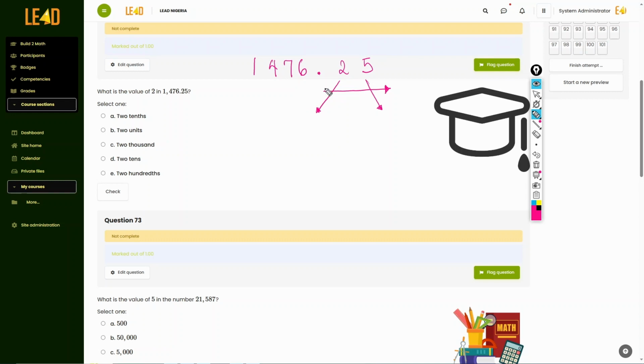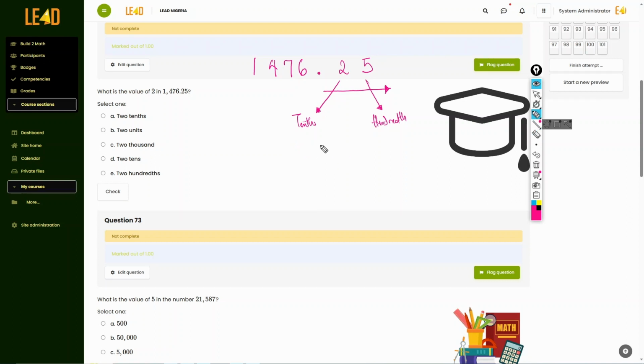We start with tenths, so this is tenths, and then this is hundredths.